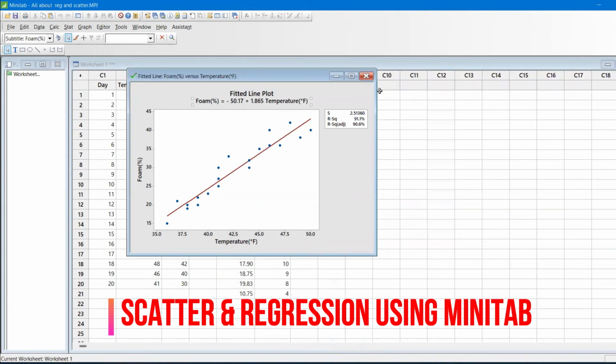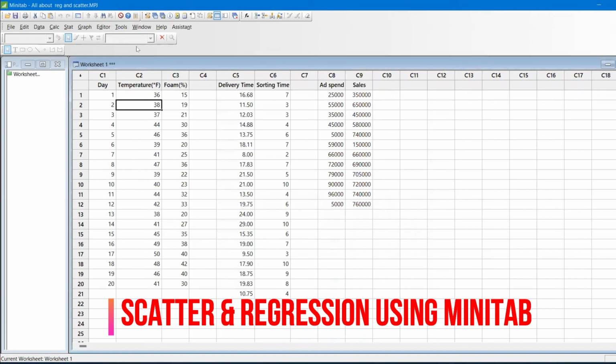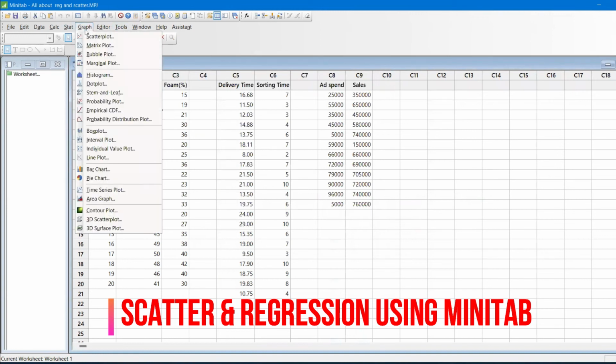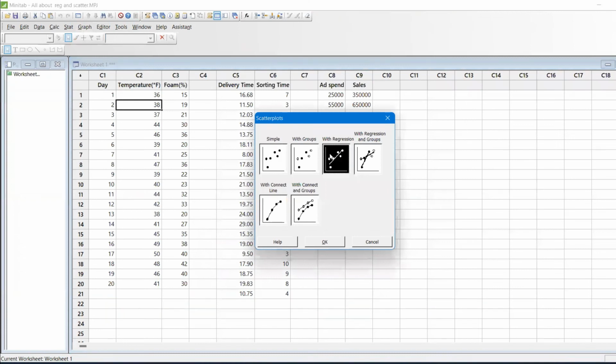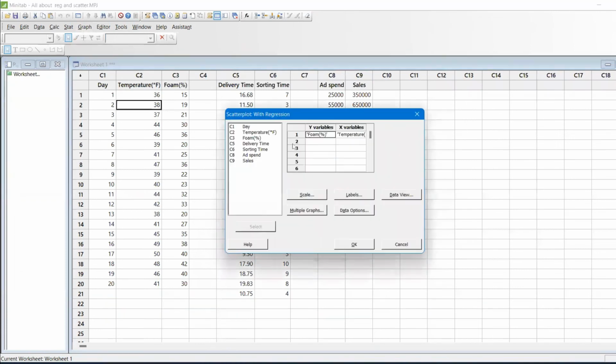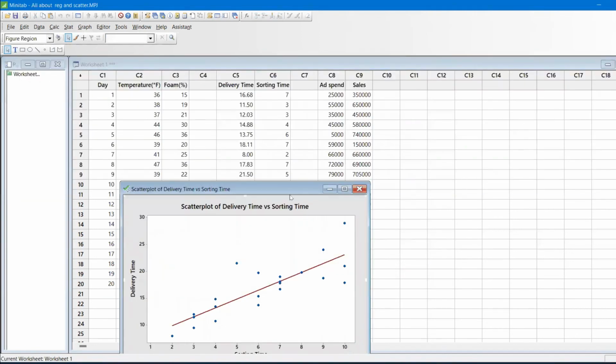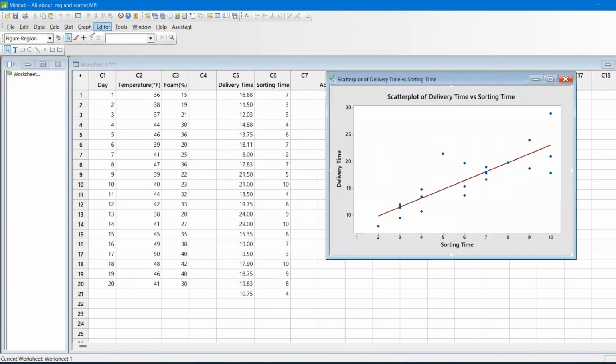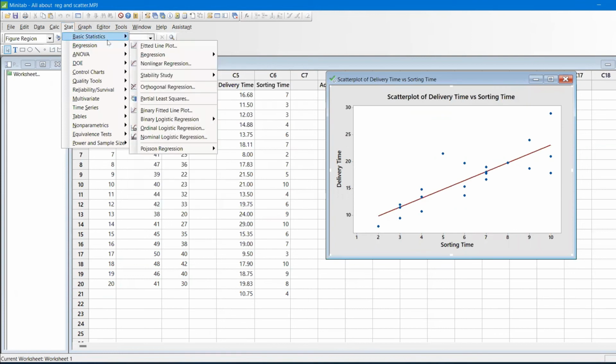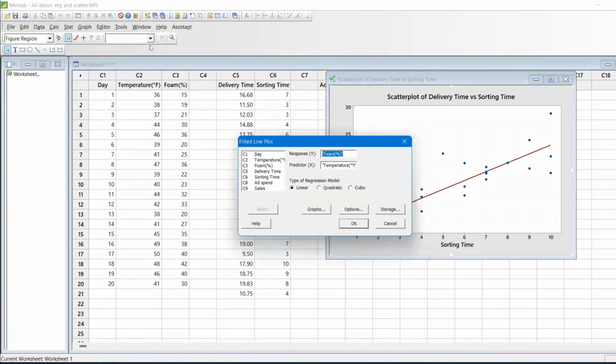Let's see a couple of other examples of how to do it. For delivery time, let me do the scatter first. I will press F3, and Y is delivery time, and the input is the sorting time. This is the value I have got, right? This is a scatter diagram. The same example we can do with the help of regression. Go to Stat, Regression, and in the regression you have Fitted Line.